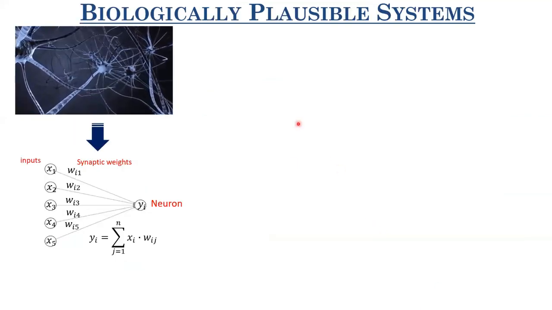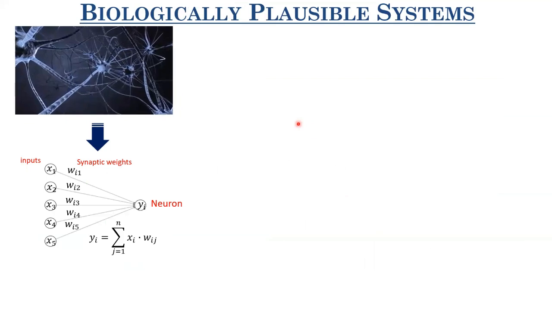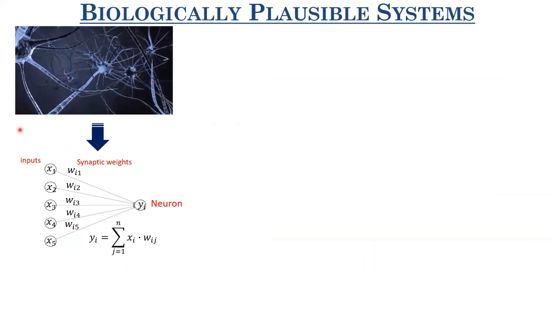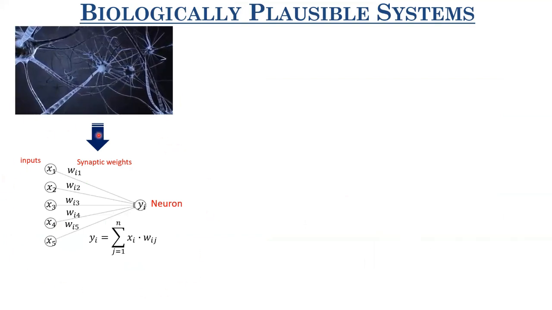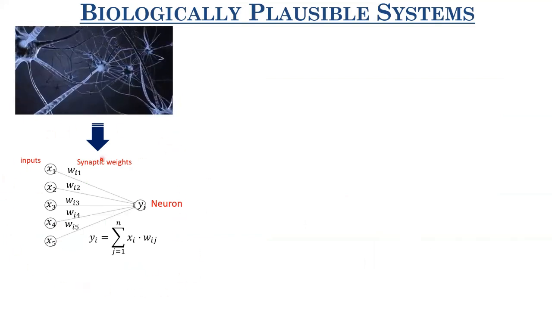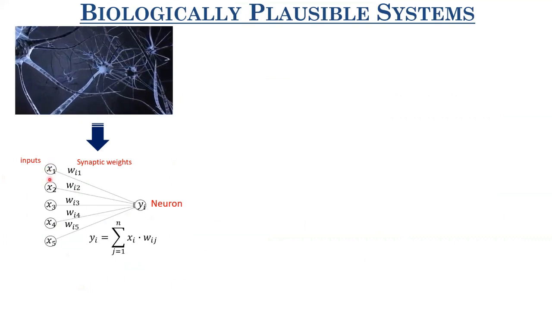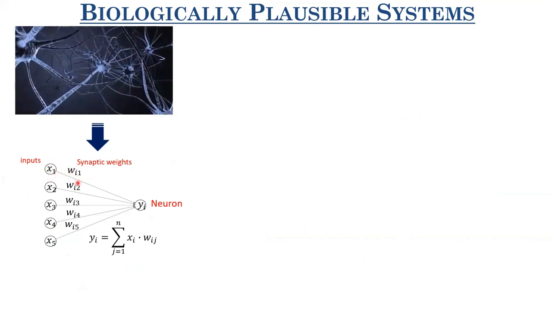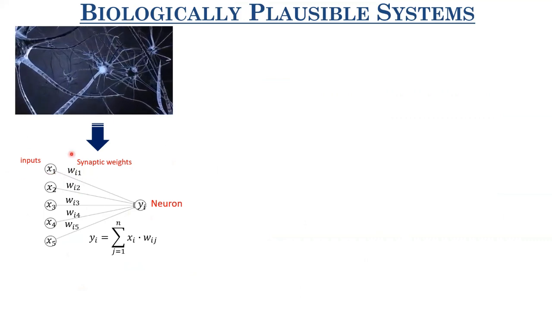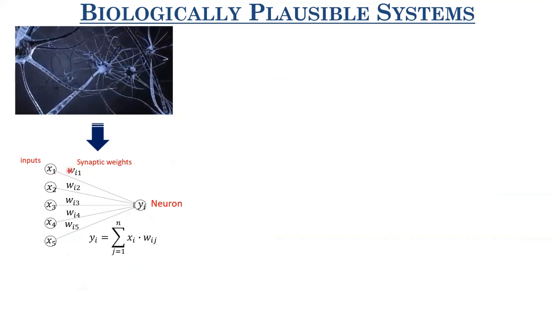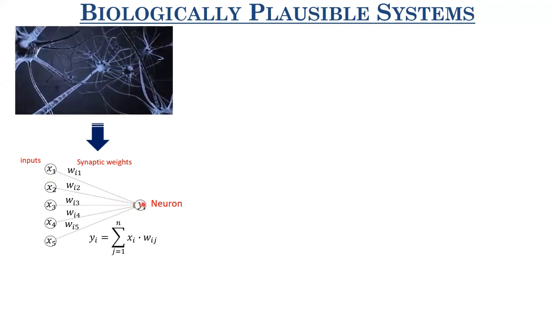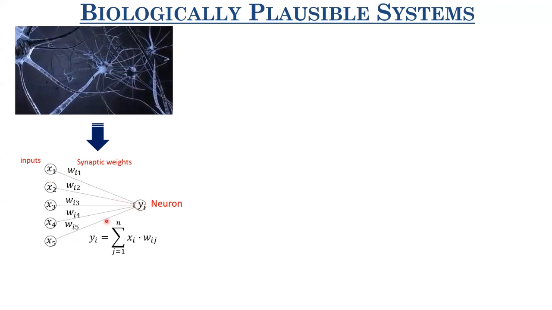Now, how can we make these biologically plausible systems? If you look at the function of the neurons, what happens in any of these neural networks is that the inputs to the neurons are weighted by the synaptic weights. The inputs are multiplied by these synaptic weights before being transferred to the next layer of neurons. The basic operation happening at the neuron is a vector by matrix multiplication.